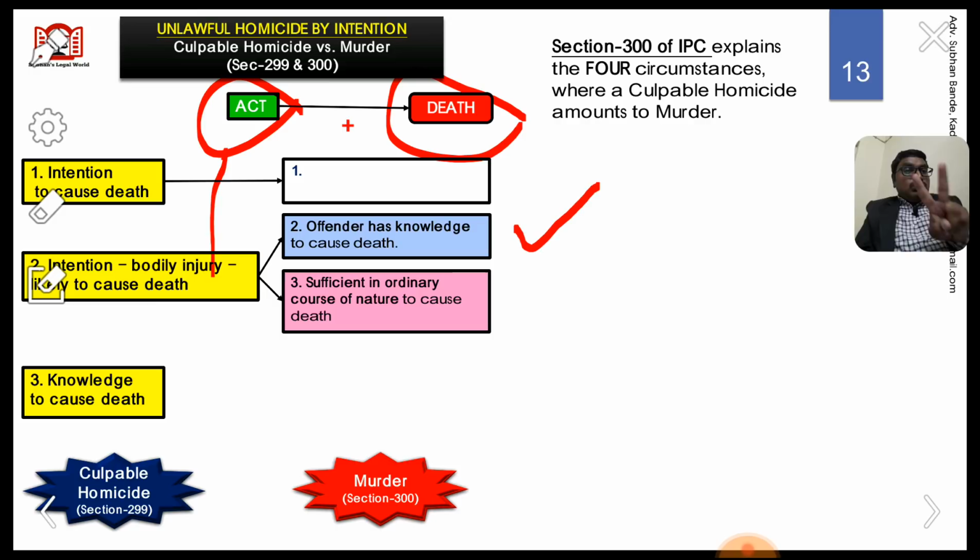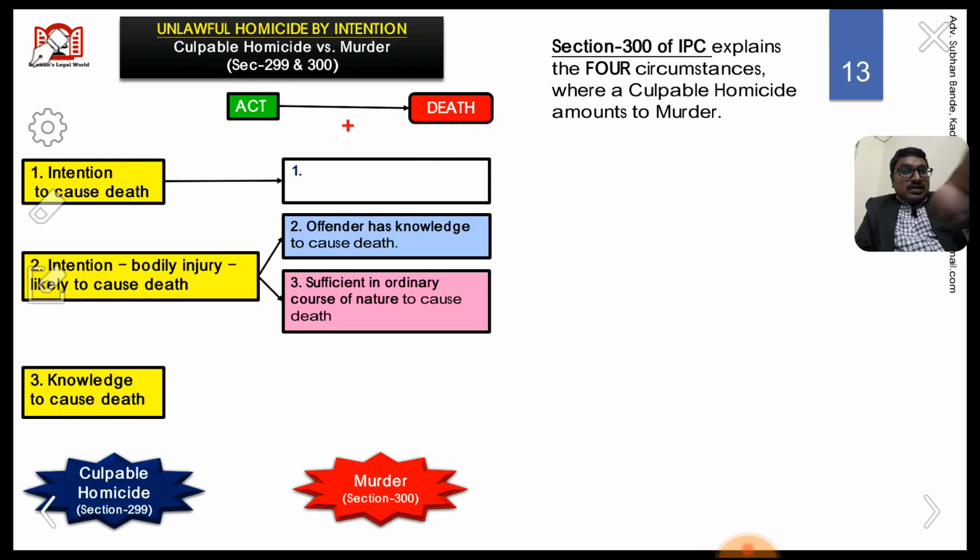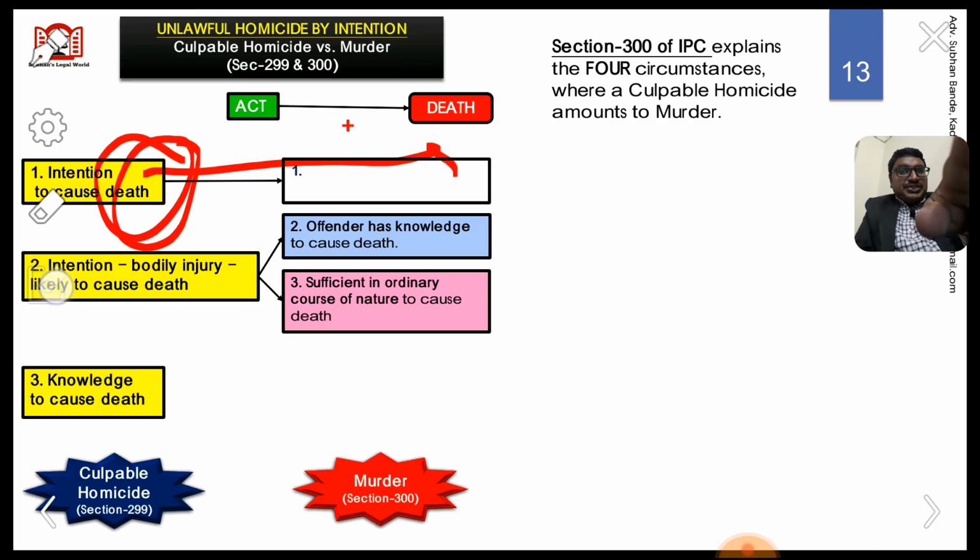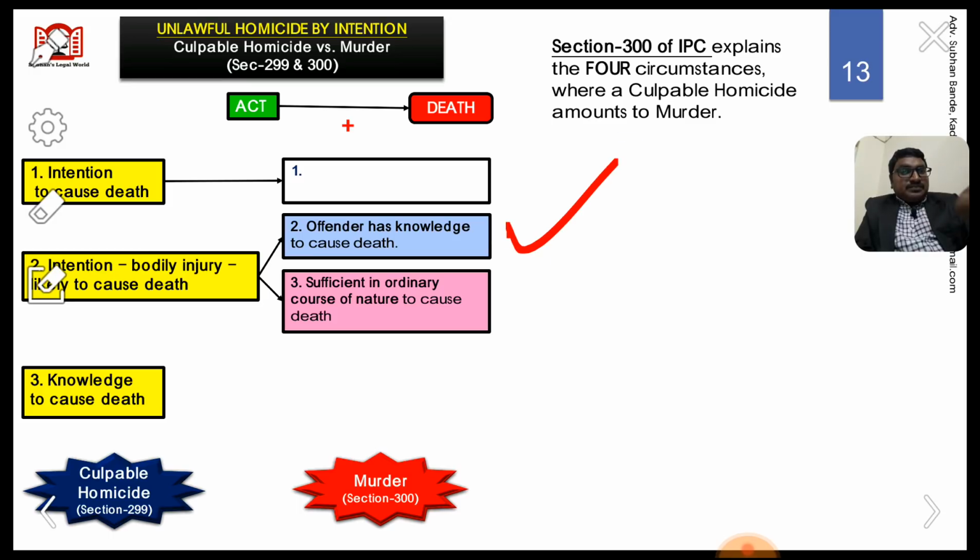Here there are two mens reas. There are two ill intentions in the mind of the accused under the second form of murder. In the first circumstance, or the first form of murder, there is only one mens rea, only one ill intention. In the second form, there are two mens rea in the mind of the accused.